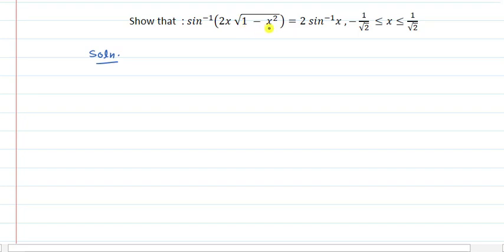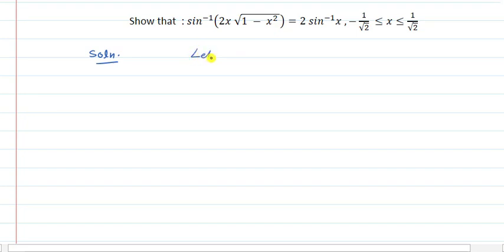So clearly, 1 minus x square, if we replace this x either by sin theta or by cos theta, then clearly we will get identities either 1 minus sin square theta, which can be written as cos square theta, or if we are putting x as cos theta, then we can have 1 minus cos square theta as sin square theta. And these are the identities you studied well in your 10th class. So we can replace this x either by sin theta or by cos theta.